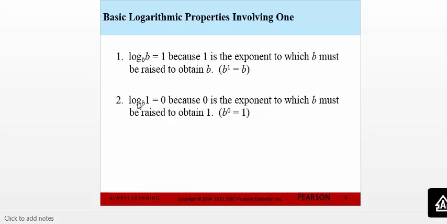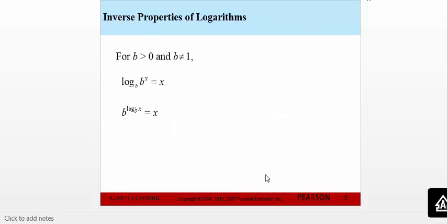The base b log of 1 is 0, because 0 is the exponent to which b must be raised to obtain 1. B to the 0 is 1. It turns out logarithmic functions and exponential functions are actually inverse functions. Remember, b must be positive and different from 1.